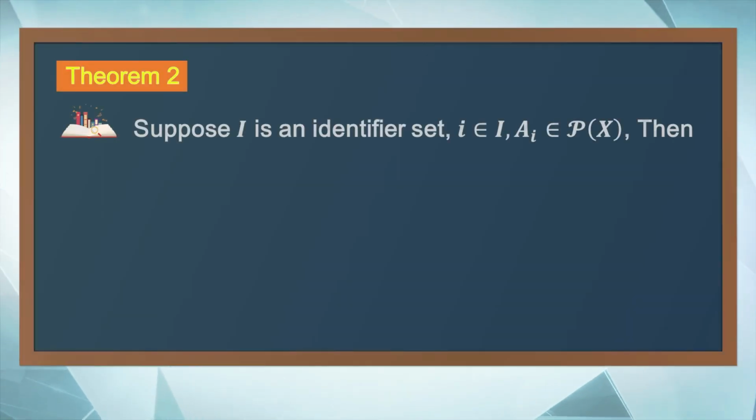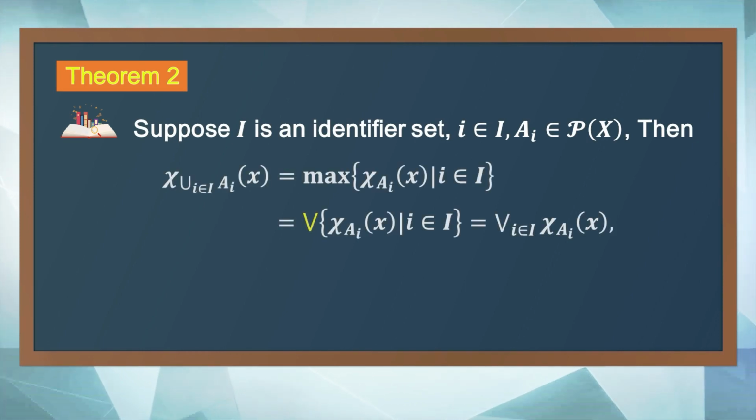We can also have the following theorem for the union and intersection. Theorem 2. Suppose I is an index set, and A_i is a crisp set for all i. Then the characteristic function of the union of A_i is the maximum of these numbers.